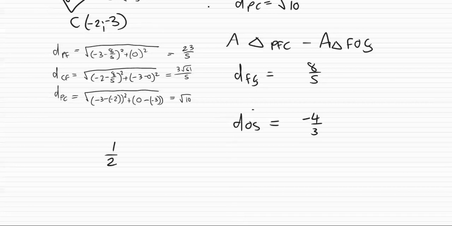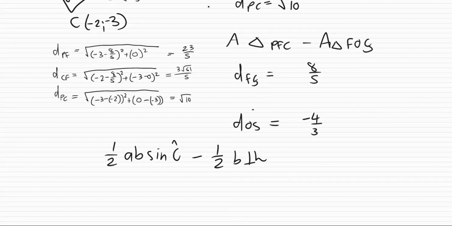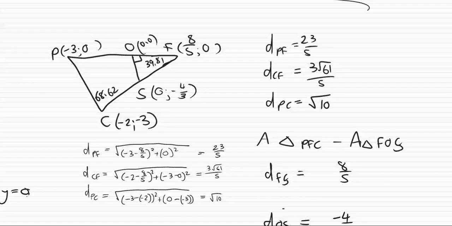It ends up being a half times a times b times sine of C, where we still have to choose which sides we're going to use, minus a half times base times perpendicular height. So for triangle PFC, I'm going to use the 39.81 as my angle.